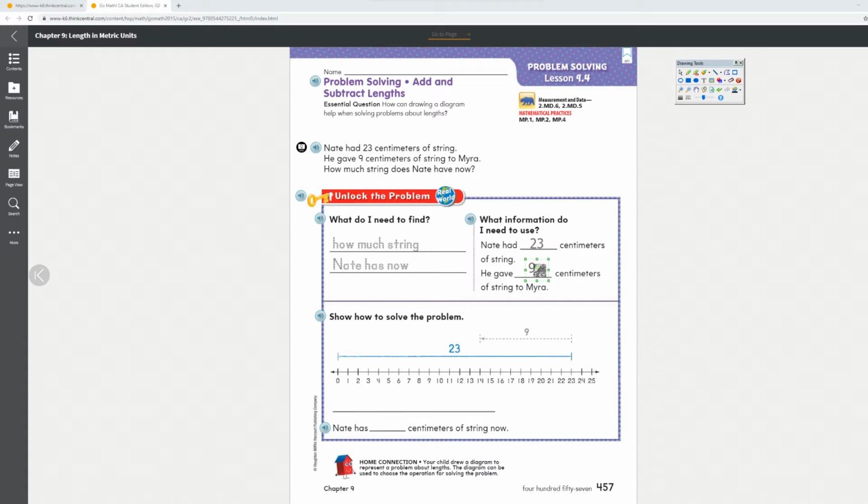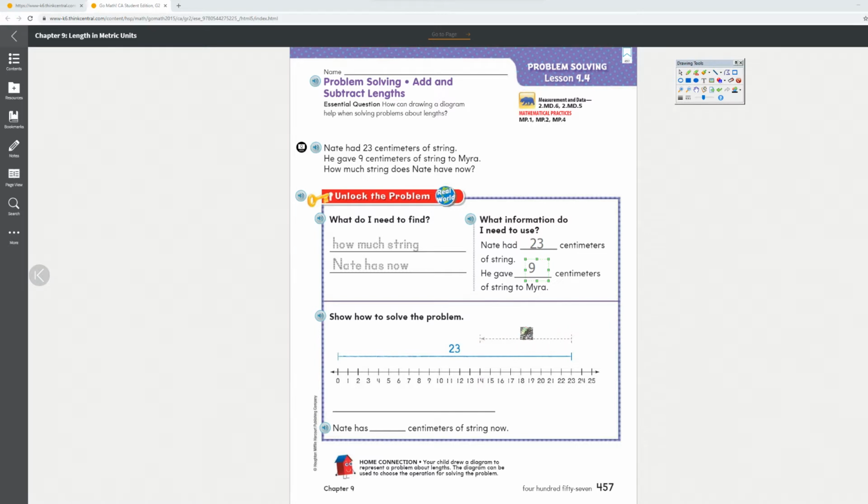So he gave 9 centimeters of this string to Myra. That means that he's going to have to cut this string and give 9 centimeters of it to Myra. So here's the picture of what he did. He took 9, so he counted down 9 centimeters. And here he's showing it to us with an arrow. He counted down all the way to 14.